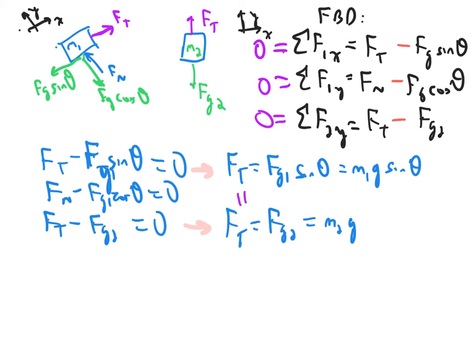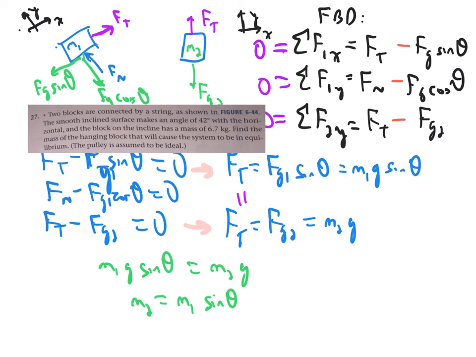So that allows us to say that m1 g sine theta is the same as m2 g, and we eliminate the g's obviously, and we get m2 is m1 sine theta, which, checking our problem very quickly, is equal to 6.7 kilograms times the sine of 42 degrees, using, of course, that and that, which numerically turns out to be 4.5 kilograms when correctly rounded to 2 sig figs.